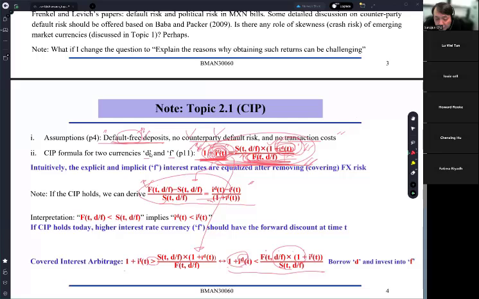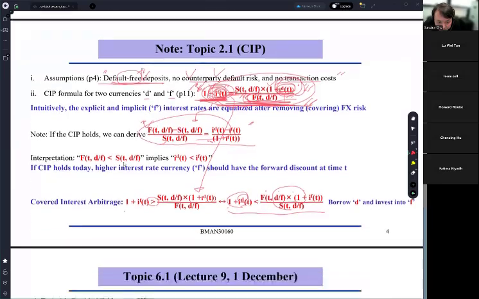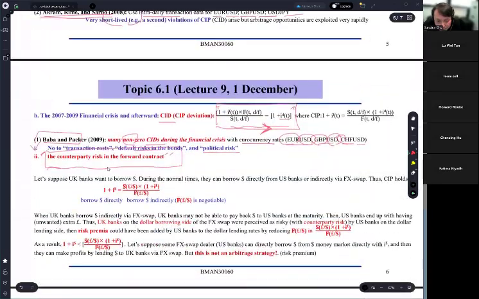Now, a forward contract is a negotiated contract between two parties, right? So you have to know that first. And you need to know that the interest rate and the spot exchange rate are determined in the market, and the forward price is the negotiated price between two parties.